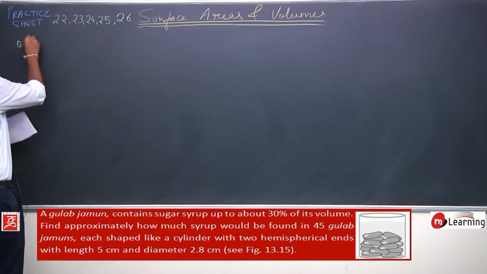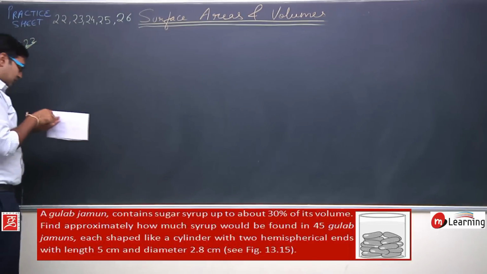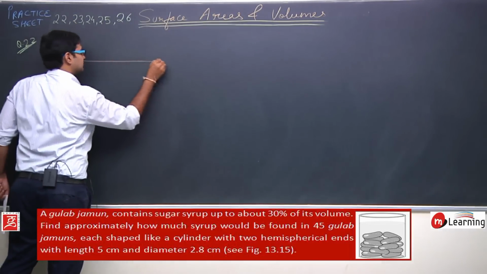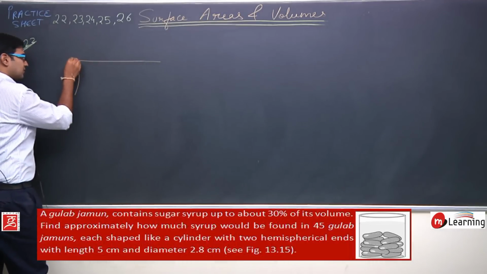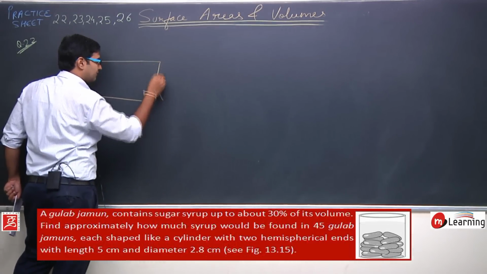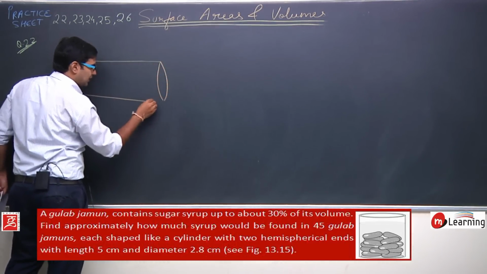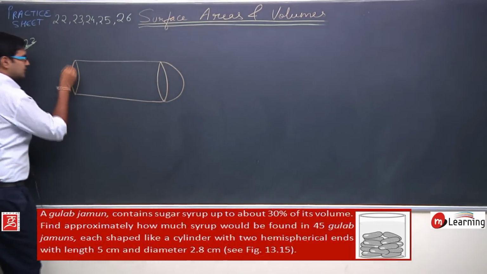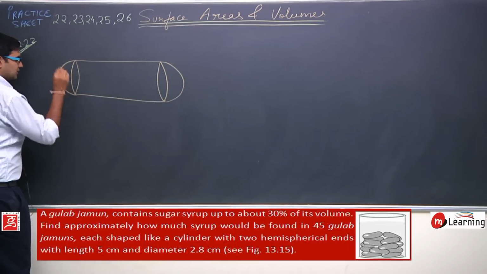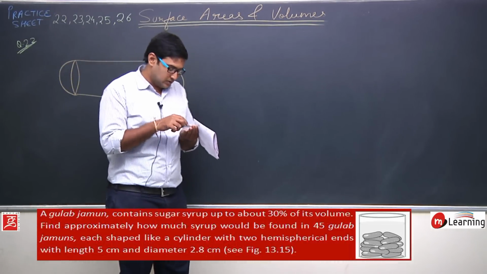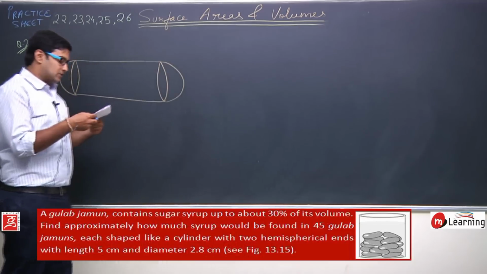Question number 22. If I try to draw the diagram of this gulab jamun, it will be like this. It will be a cylinder, and at the ends of the cylinder we are going to have two hemispherical surfaces like this. This is one surface and this is another surface. So this is somehow the shape of the gulab jamun.